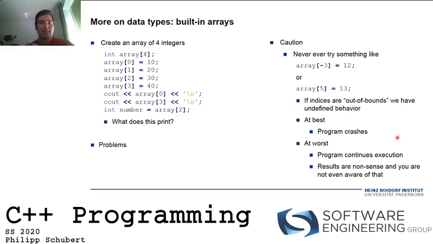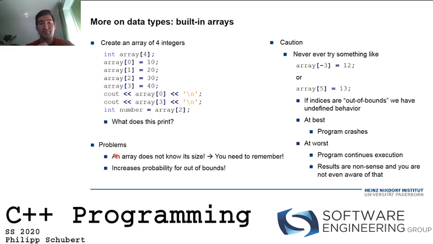So what is the underlying problem here? Usually you would never go and just use an index beyond the valid indices, of course. But the problem here really is that an array does not know its size. Once you specify a static built-in array, you give it some size, like 4. But then you as a developer need to remember that this array contains 4 integer values, and that the valid indices are 0 to 3.